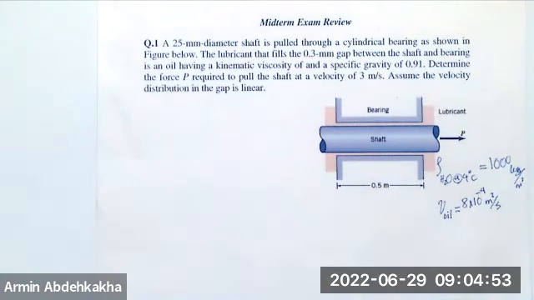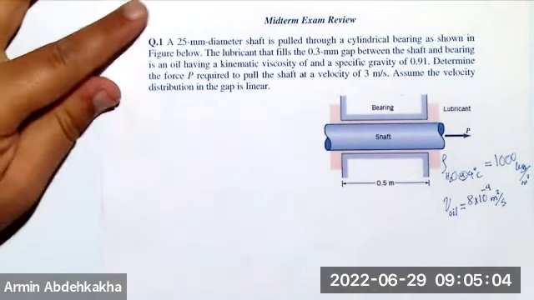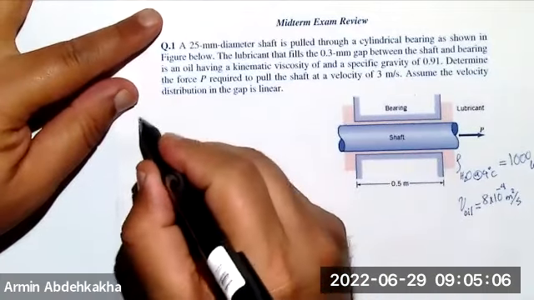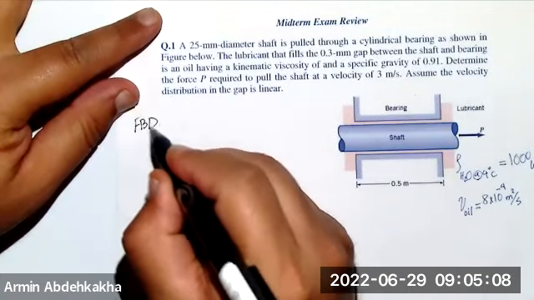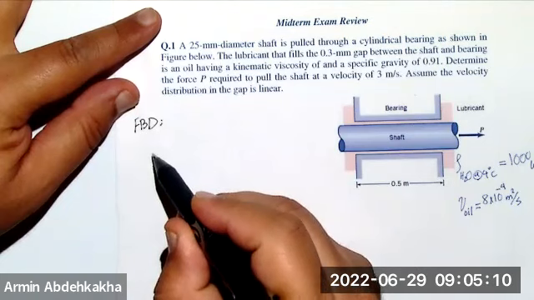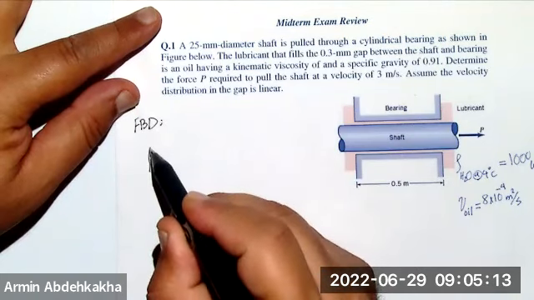So what's next? At first, as I told you before, even though the question didn't ask you, you have to write a free body diagram. So first, in the free body diagram, you need to show the shaft.